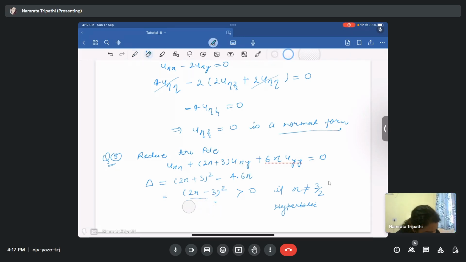So when we take the root, it should be minus x for x negative. If x is minus 1, then you will get minus 5, but whole square, so it will always be positive. So when we write it in algebraic expression, it should be minus 2x minus 3.